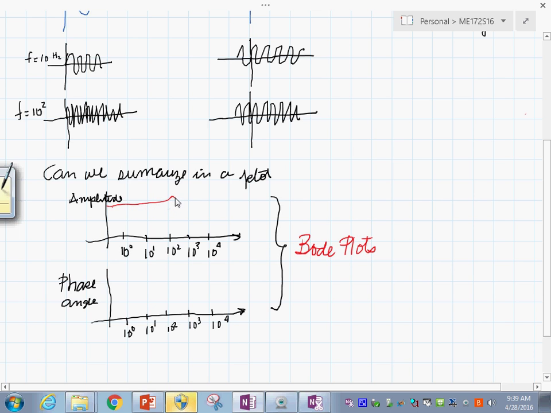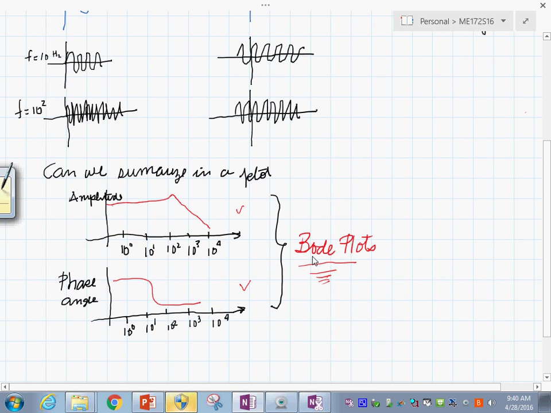We go perhaps like that, or this one may go like this, where we have the angle between 0 and 90 degrees, or between 0 and 180 degrees, depending on what those values are. The concept here is that this magnitude plot and this phase plot make up the Bode plots.